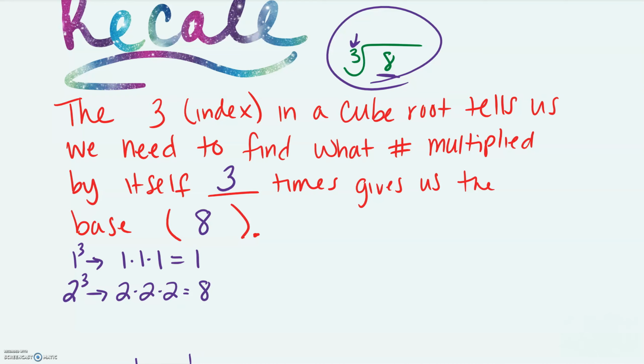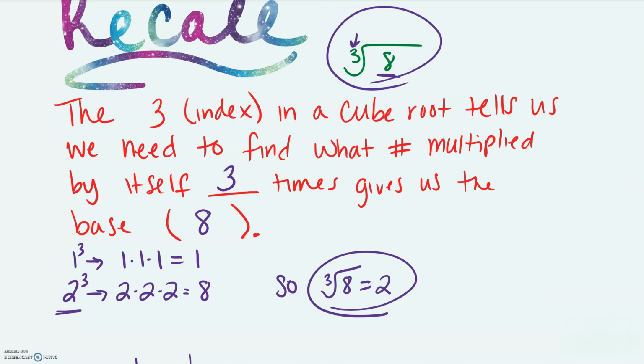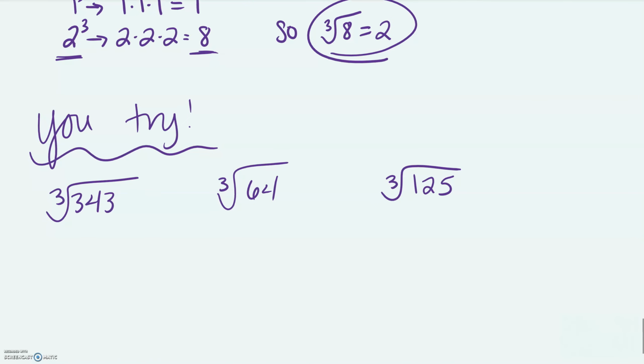This means the cube root of 8 equals 2. For this class, we are not going to worry about estimating cube roots because that's really complicated. Now I want you to try these 3 problems. Pause the video and try them out.